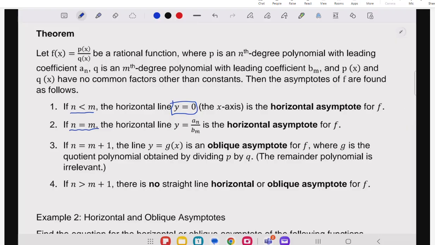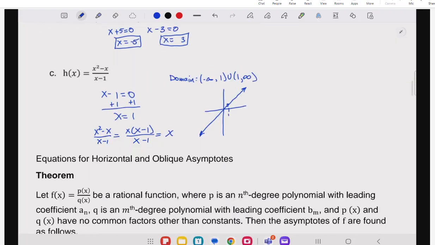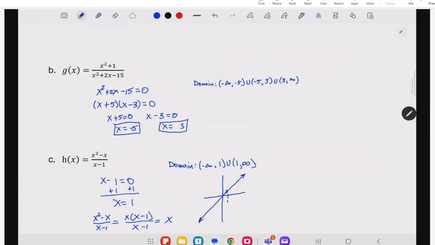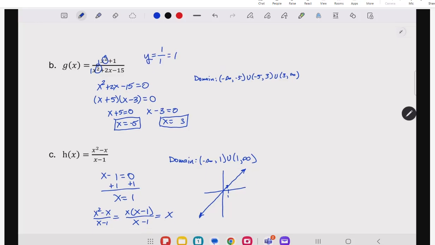And we do have an example of that up here. So the degree of the top is the same as the degree of the bottom, and the leading coefficient is 1 on the top and 1 on the bottom. So if I were to write the equation of the horizontal asymptote, it would be y equals 1 over 1, which is 1. So y equals 1 would be the equation of the horizontal asymptote.